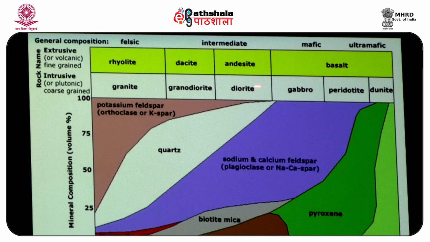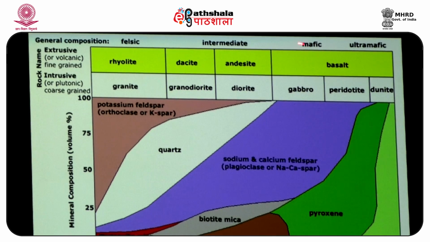So, the plutonic rocks, or the rocks shown here as intrusive rocks, go from more felsic, meaning silica and alumina rich, to intermediate rocks between felsic and mafic, and ultramafic.